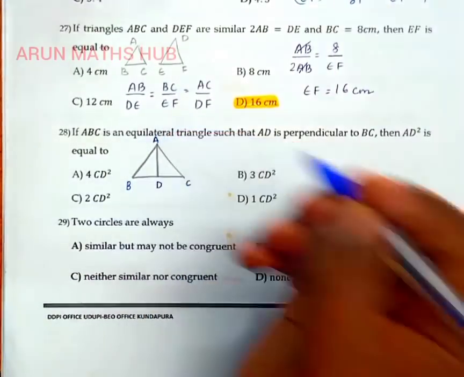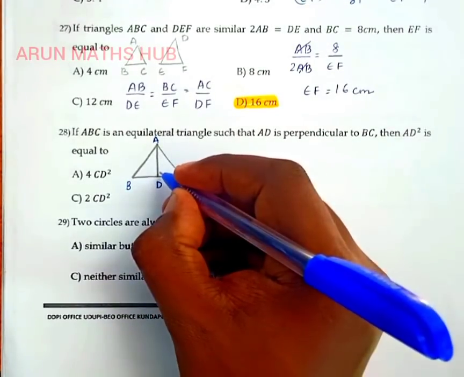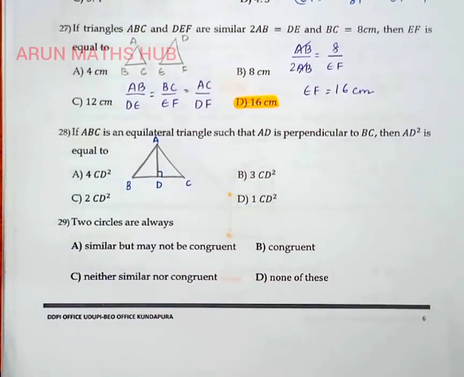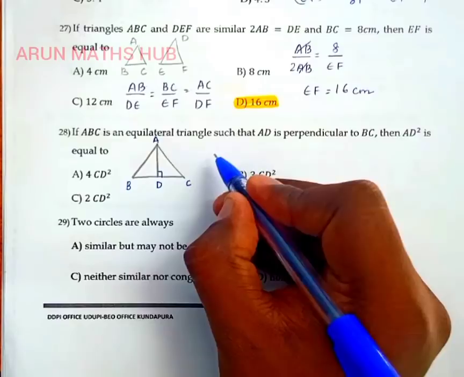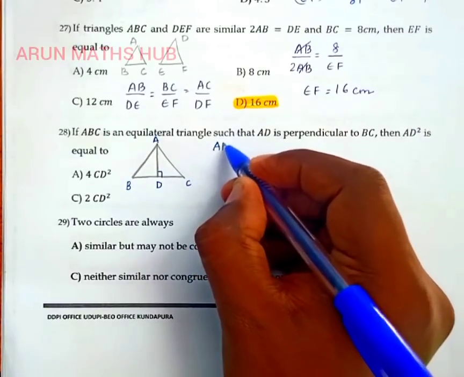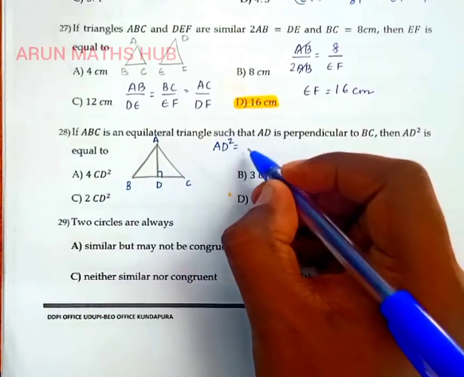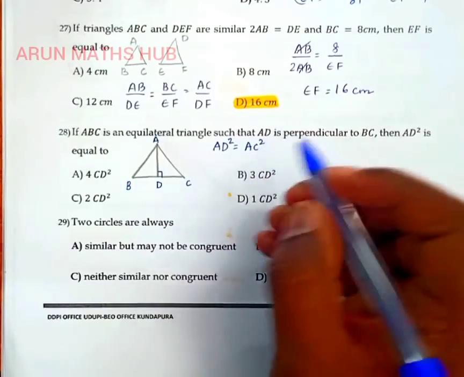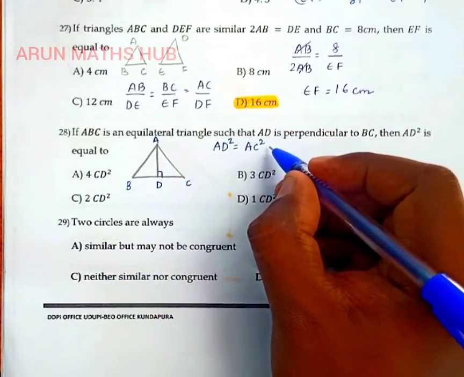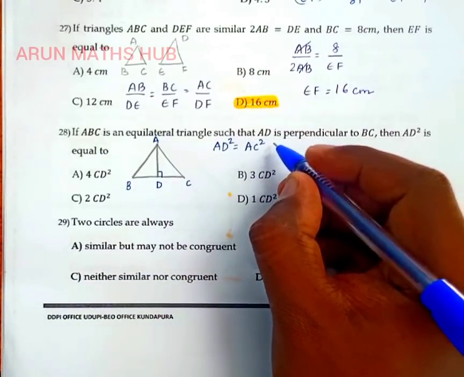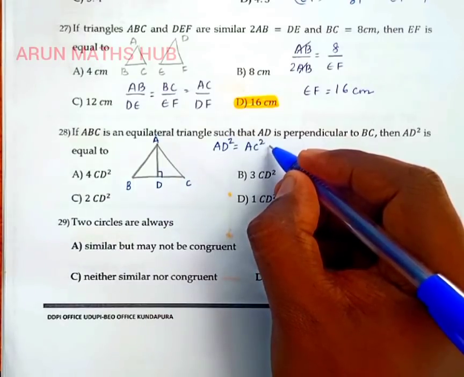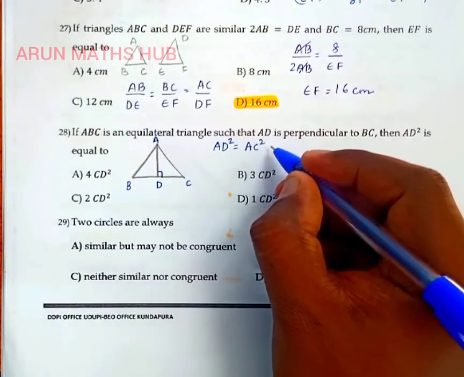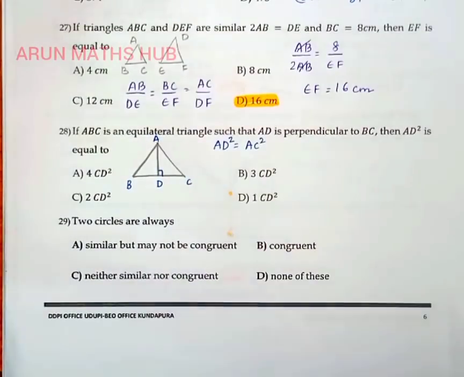AD is perpendicular to BC. Now AB is equal to BC, BC is equal to CA because it is an equilateral triangle. We need to find out AD square. Now in triangle ADC, AD square equals AC square minus CD square.